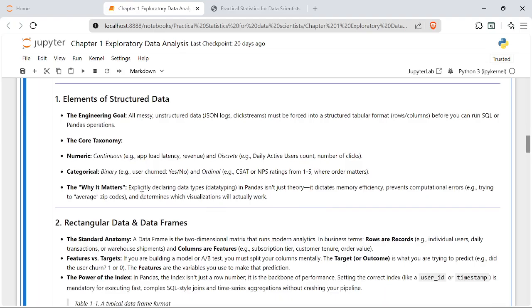Why it matters. Explicitly declaring data types in pandas isn't just theory.